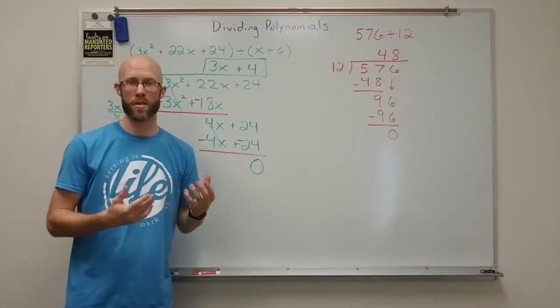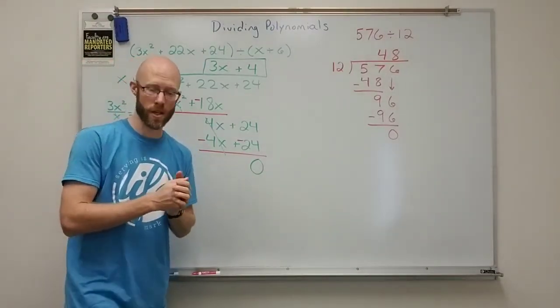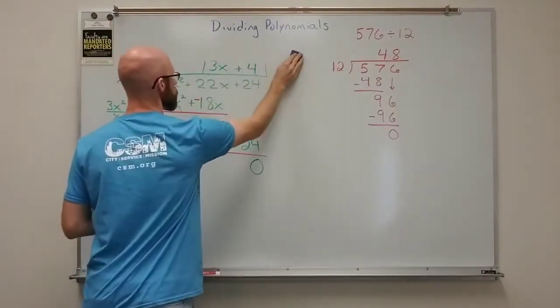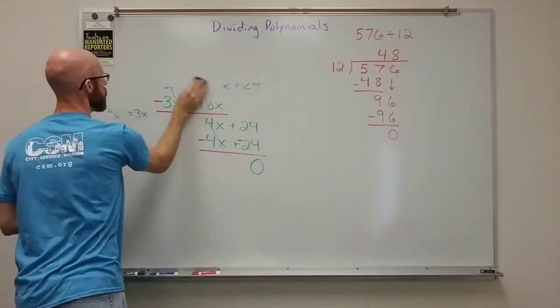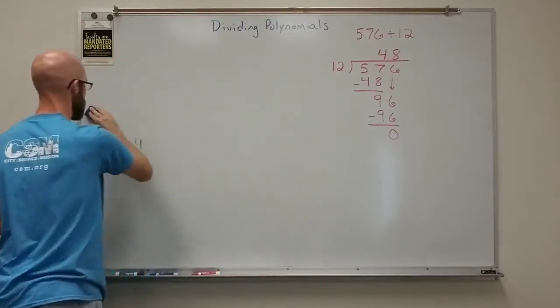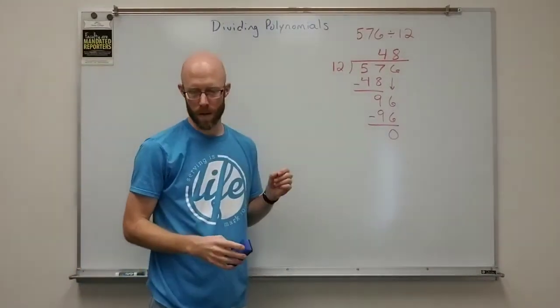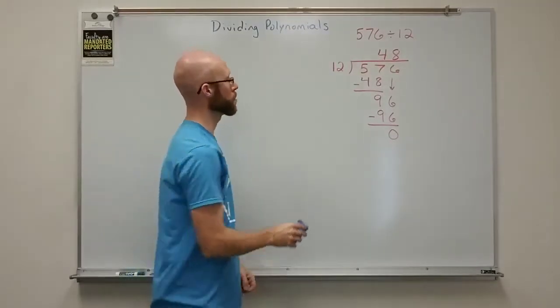Hopefully this process will start to make more sense. The next example, I want to show you what happens when we have a remainder. And again, we'll initiate this by using a numerical example with a remainder.